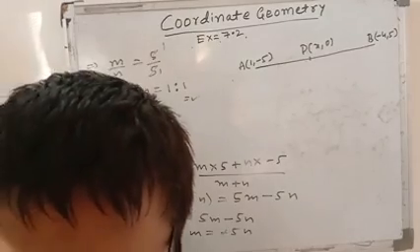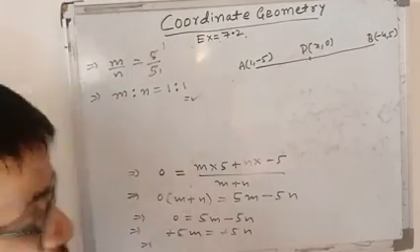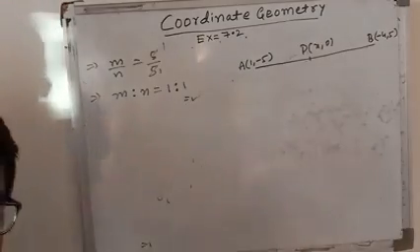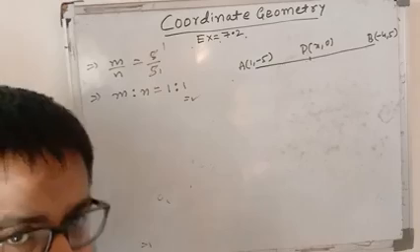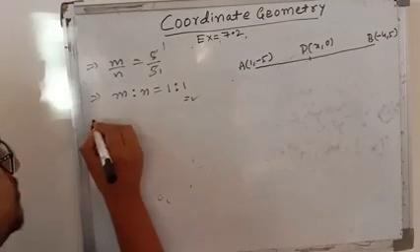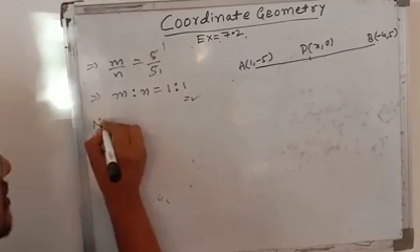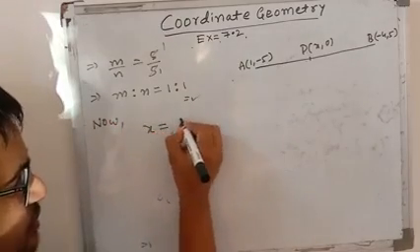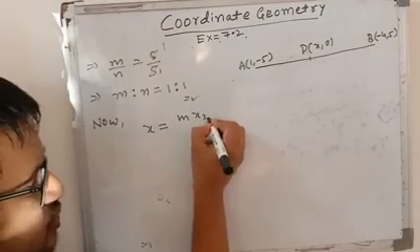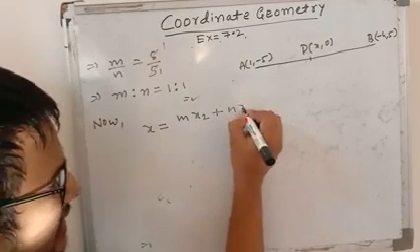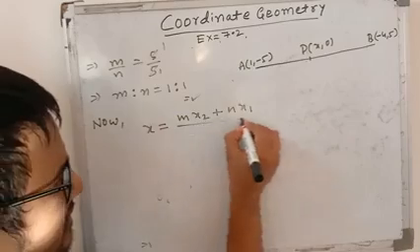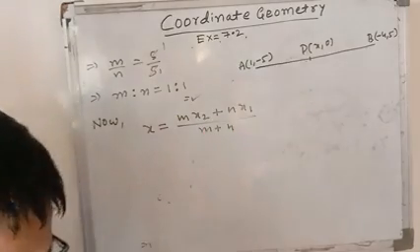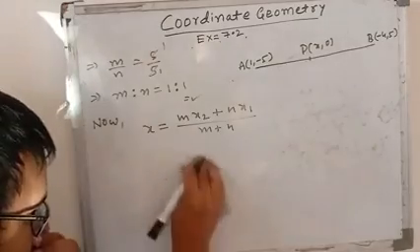Now we have to find the point, that is, the value of x. Now you have to use the abscissa formula of the section formula. We know that x equals (mx2 plus nx1) by (m plus n).